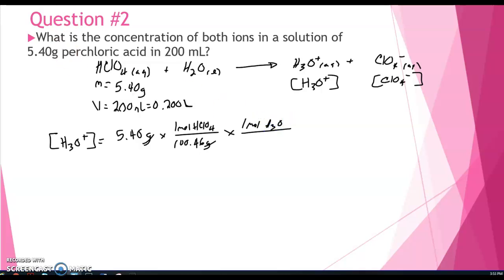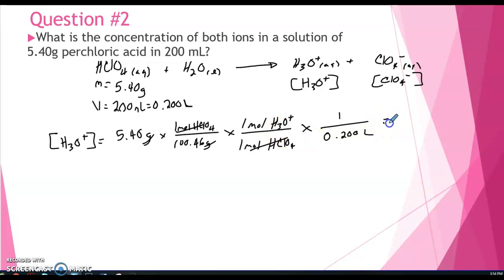Let's write that a little clearer. For every 1 mole of perchloric acid, that gets rid of our moles of perchloric acid. And then we have moles of hydronium, which is good. The last thing we got to do is we want concentration. So we just have to divide by our liters that we have, because this is one solution and our volume doesn't change.